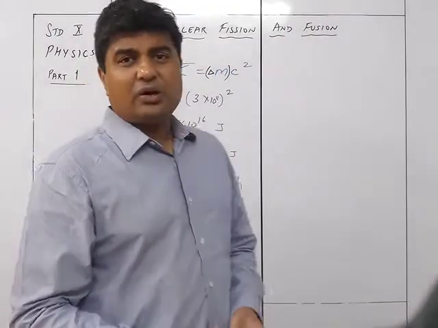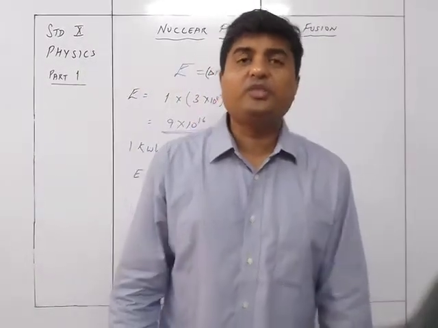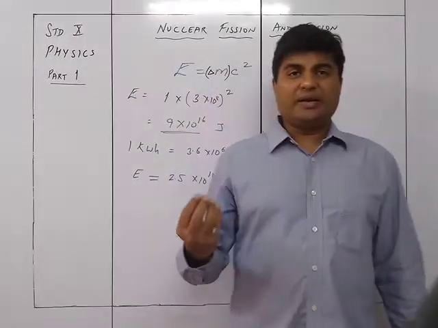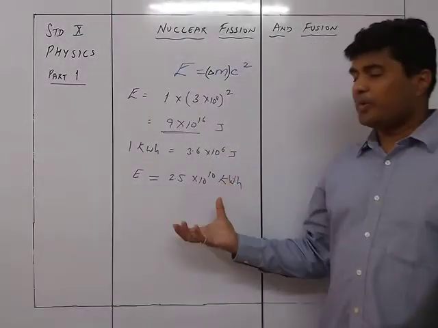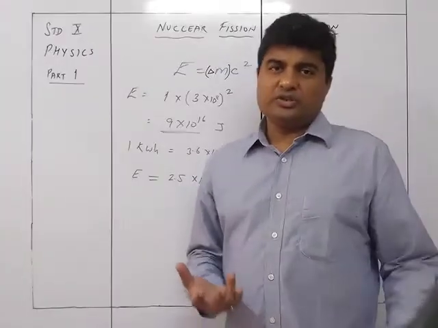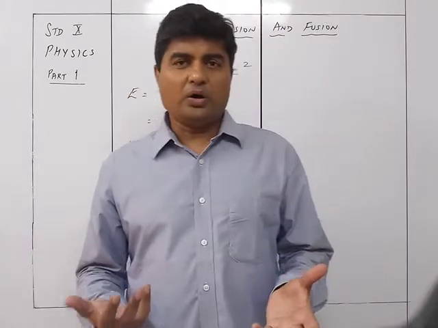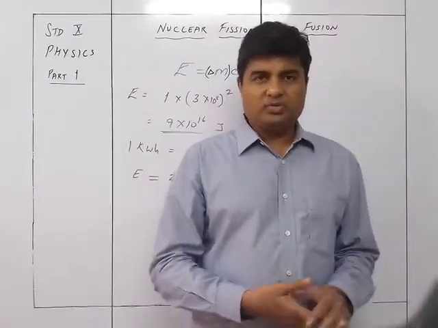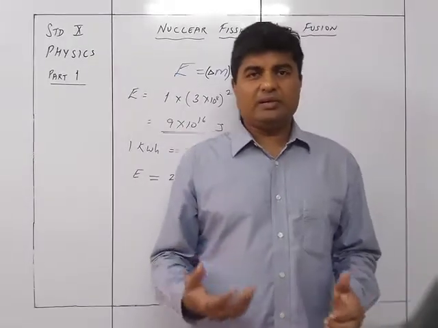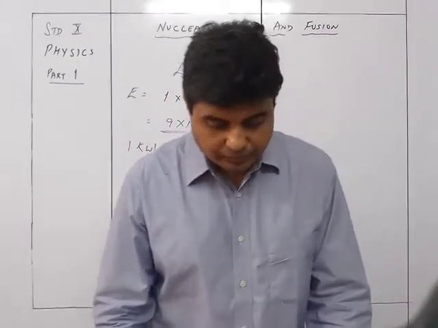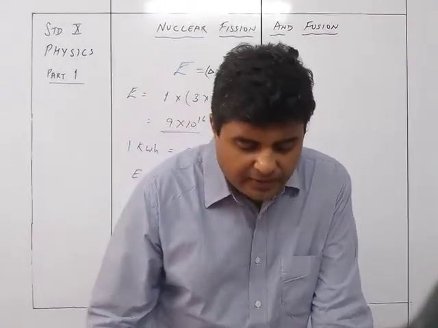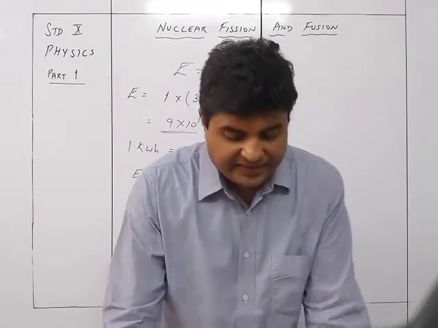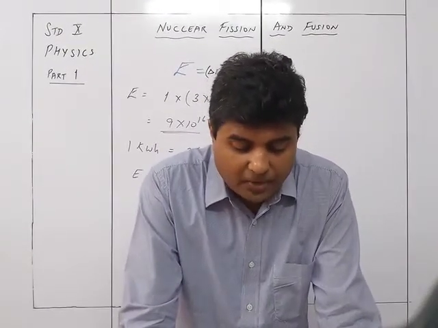You can imagine that if 1 kg of the nuclear material can give you such a huge amount of energy, that's why we ought to have nuclear power plants. But of course, due to the problems with the nuclear waste and all, we are restricting that.